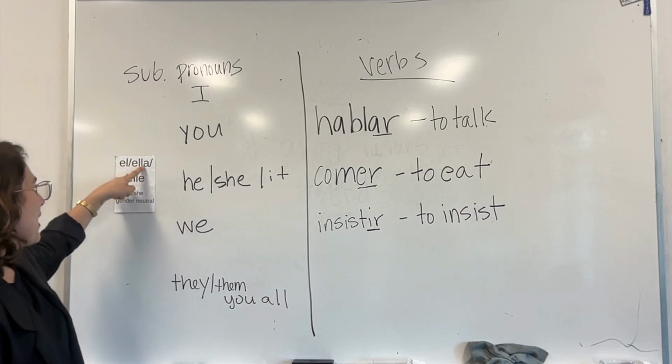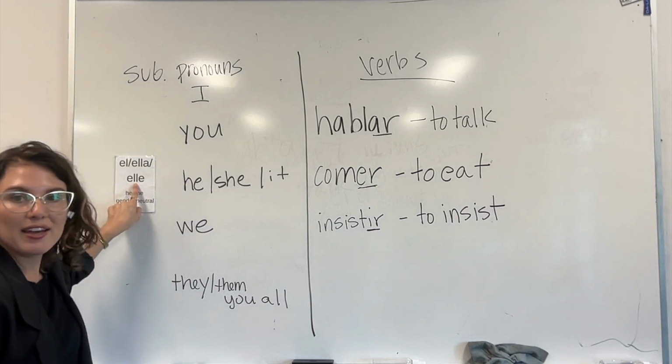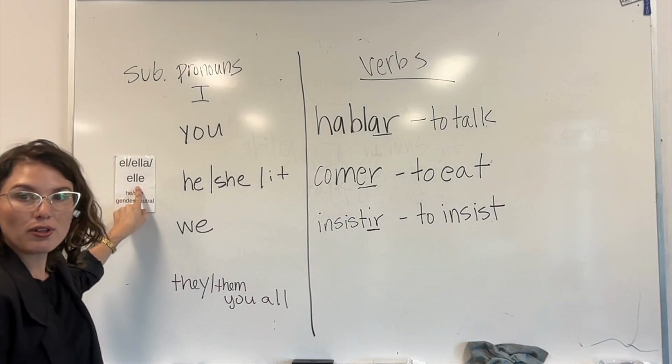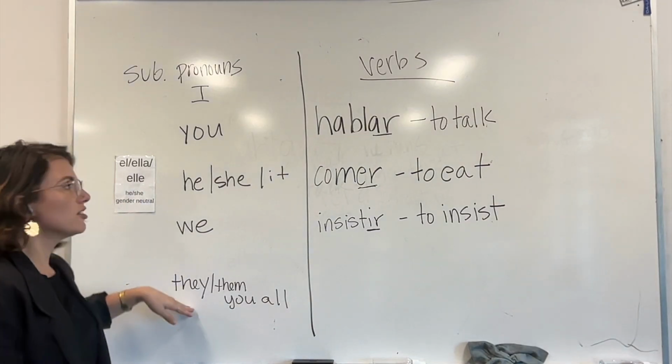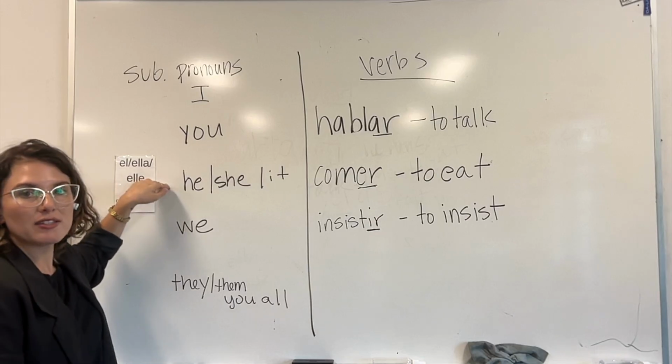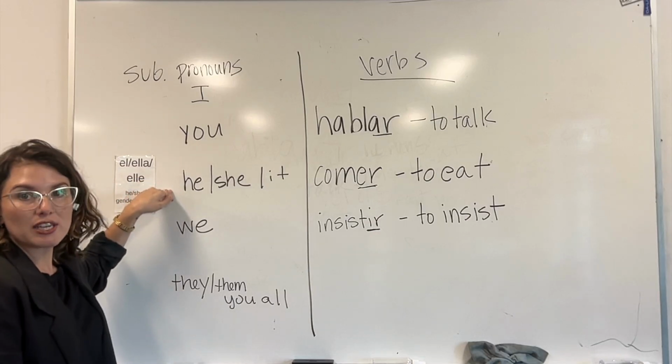Él, him, ella, her. Ella is actually the gender neutral pronoun in Spanish, so instead of using the they, them like we do in English, we actually have one that fits in third person singular, ella.